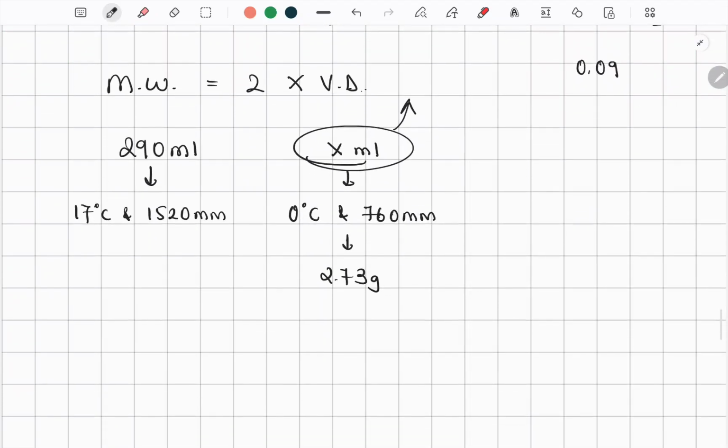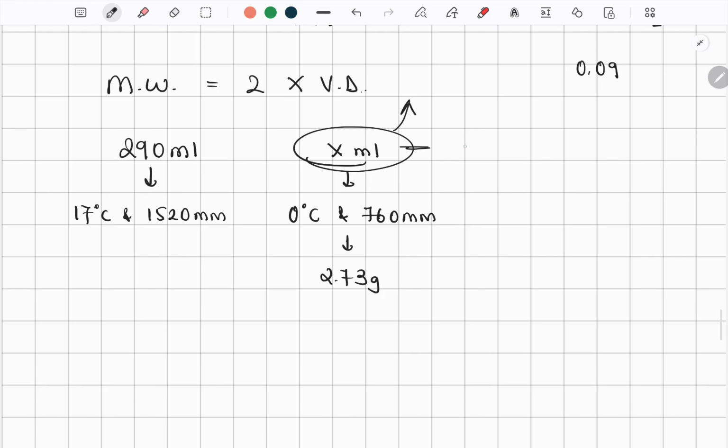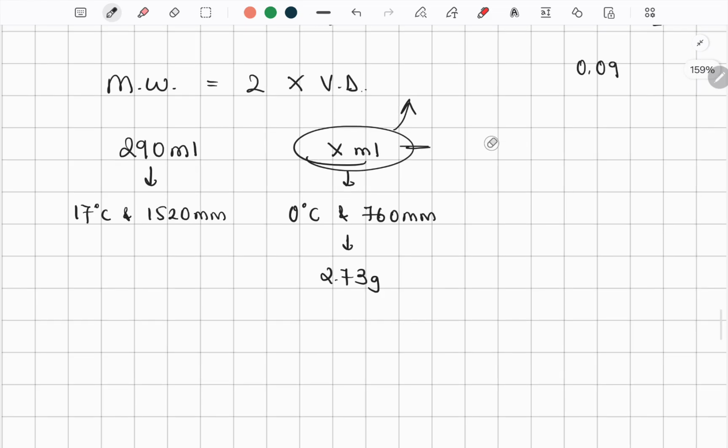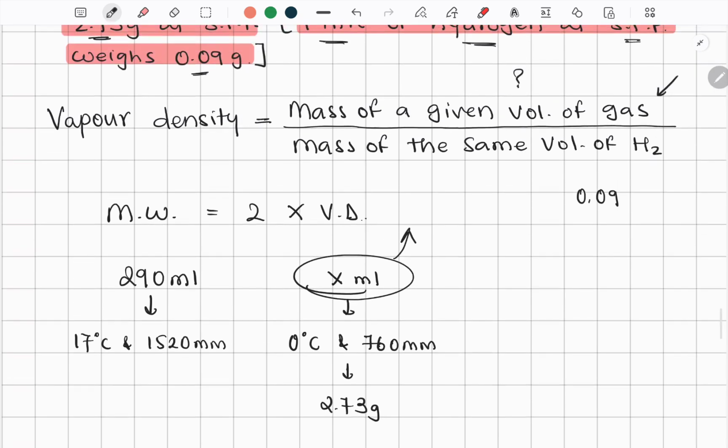We know 2.73 gram is given, but at what volume? Is it at 1000 ml, 500 ml, or some random number? That's why we need to calculate this x ml, the volume at s.t.p. If the volume comes out to be 1000 ml, we put 2.73 straightforward. But if a different number comes, then we can calculate that if at this volume the mass is 2.73, then at 1000 ml it would be x. That's how we're going to solve this question.